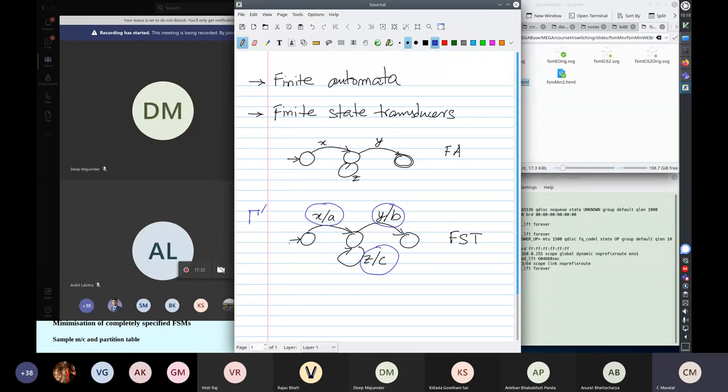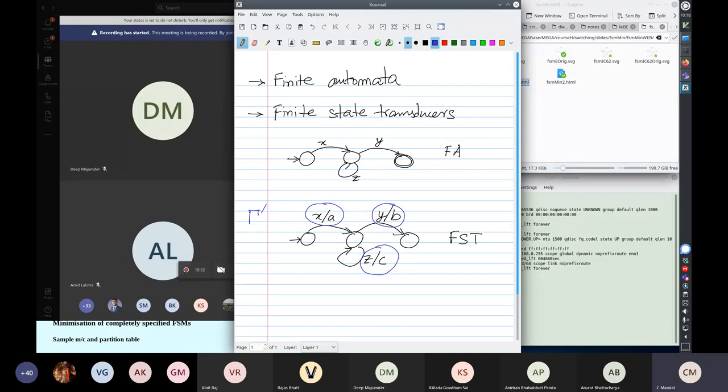You still have the initial state, so that's not a problem. But you might have noticed that in a finite state transducer, you do not have a final state, do you? You may not have, right? But you can designate one. Usually the output that you have indicates that.